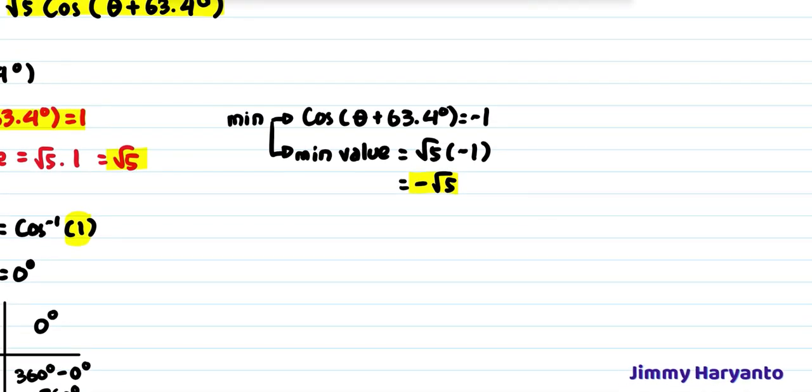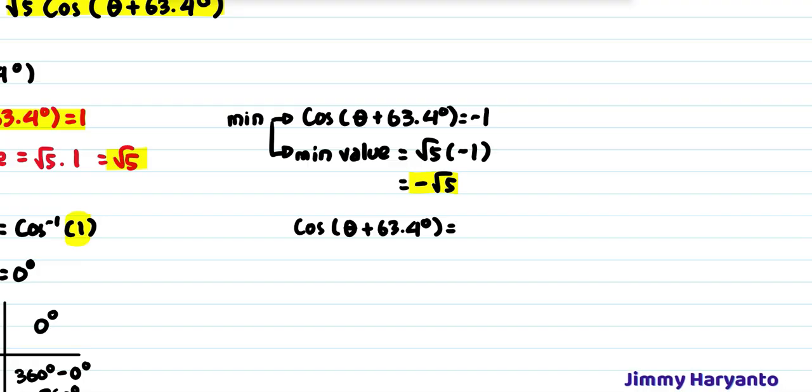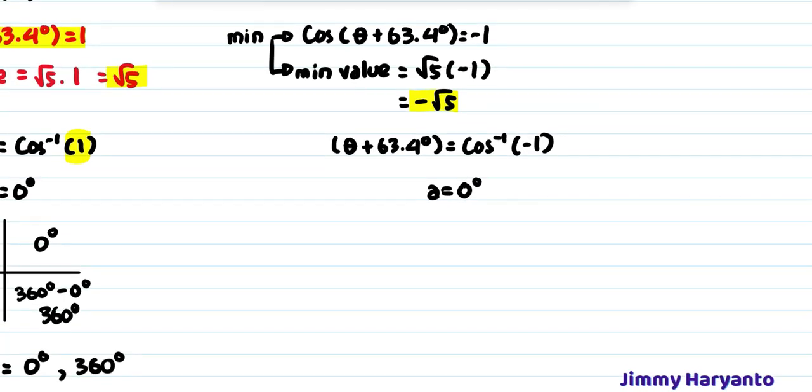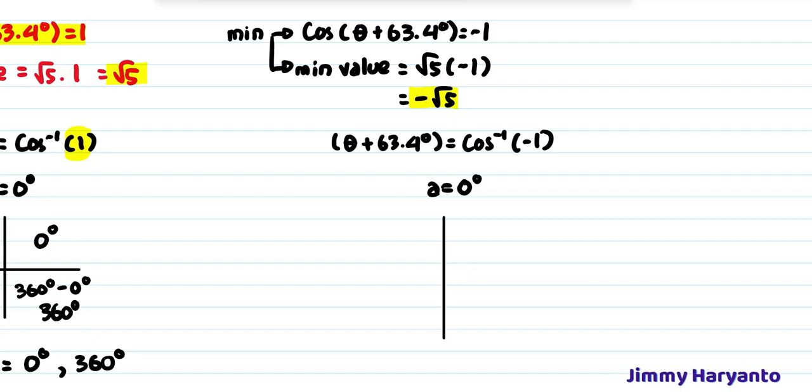And then for the minimum point, we will do the same. So cos(theta plus 63.4 degrees) equals negative 1. That means when you move the cos, you will have cos inverse of negative 1. The basic angle of cos 1 is 0 degrees, but the value of the cos is negative 1. That means it will be in the second and the third quadrant.